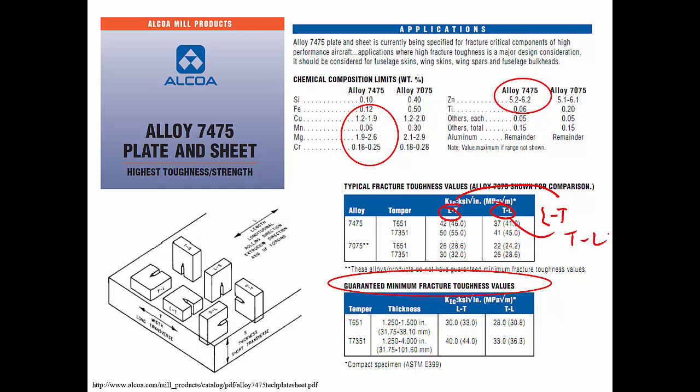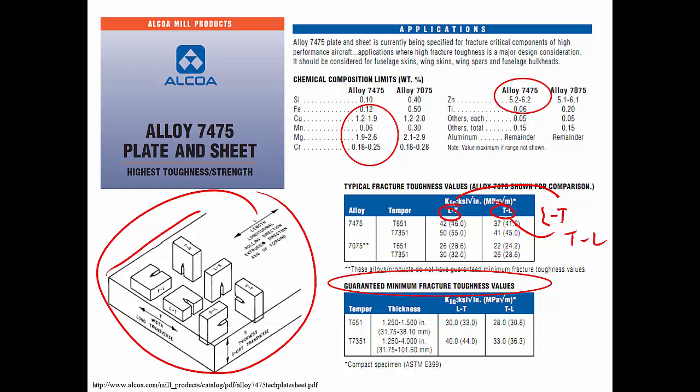Which is relatively unusual in the sense that it indicates that there are two different values, and if you look at this detail of the diagram here of this graph, you will see that essentially as you produce, and this is a plate, right? And you can see this is the rolling direction, this is the transverse direction, and this is the through thickness direction.